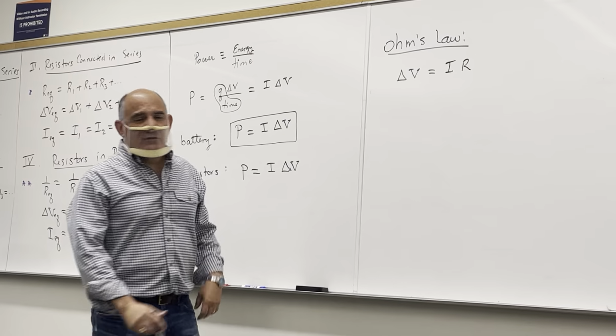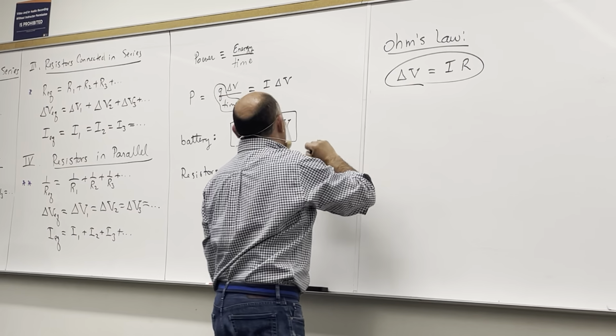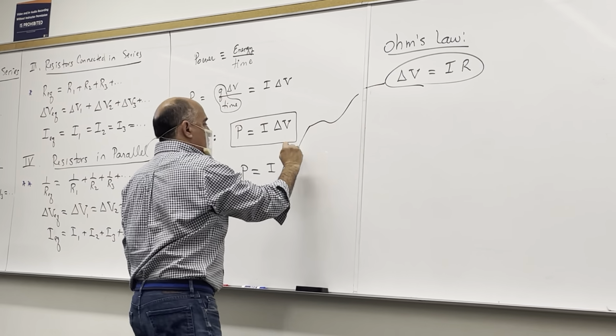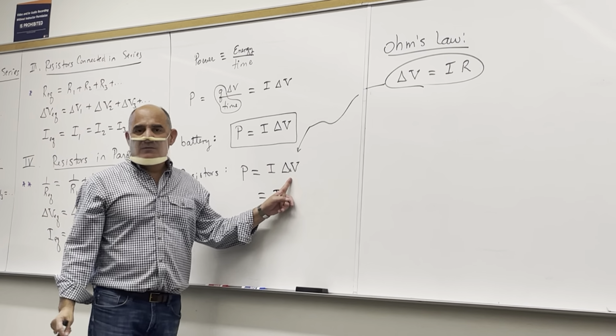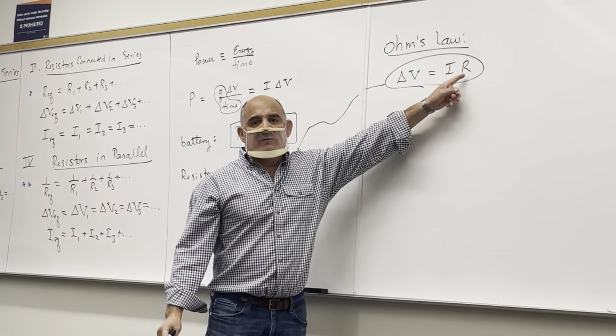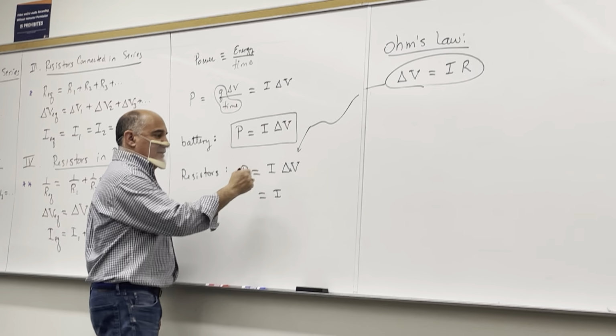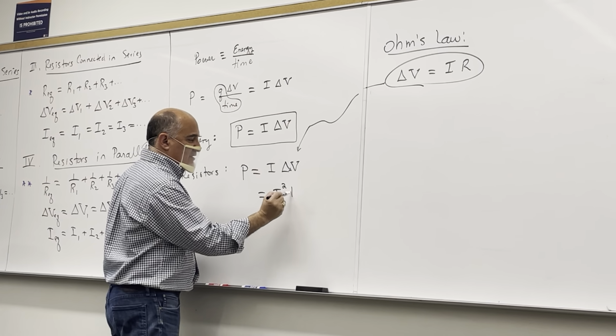If I plug that in here, then instead of the voltage, I can replace it with the current multiplied by the resistance. So I get the current times the current, so it'll be I squared times R.